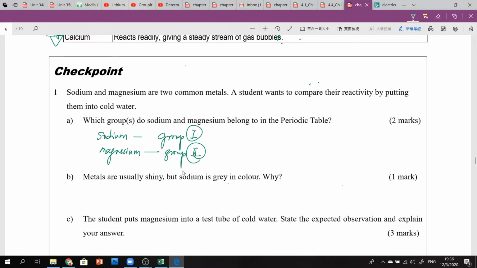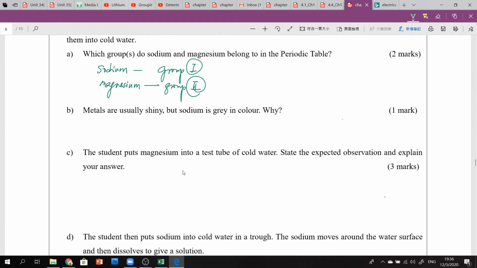Remember, capital Roman numerals. Now, metals are usually shiny, but sodium is gray in color. Why? Originally, sodium is silvery, but why do we see it as gray? Because something has reacted with it. What reacts with sodium? Yes, that's right, the air.